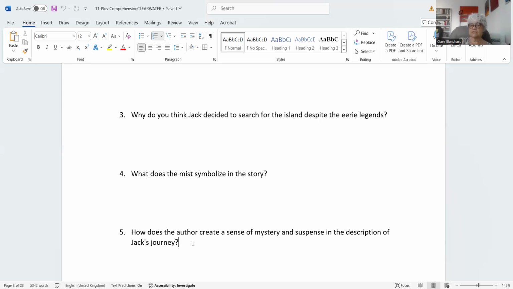So to answer the question correctly, we're going to need to keep those, we're sort of juggling three balls in the air, and this is where it starts to get complex and where we need a process to keep us on track. Okay. So how does the author create a sense of mystery and suspense in the description of Jack's journey?